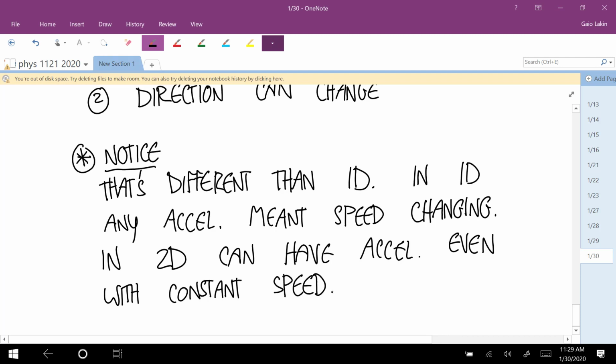Okay. So there aren't too many things that are fundamentally different as you go from 1D to 2D and 2D to 3D, but here's something that's fundamentally different. We picked up this idea of turning now.